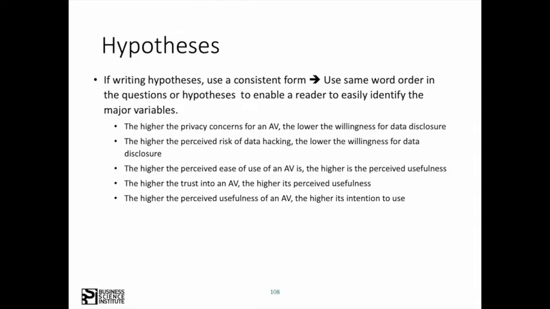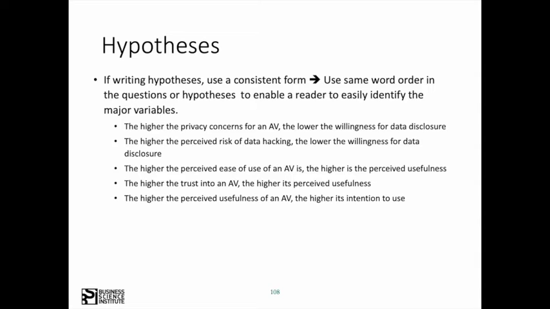Use a consistent form, use the same word order in the hypotheses to enable the reader to easily identify the major variables. If you have 5 to 10 hypotheses, the easier it becomes for the reader to follow your argument. For example, the higher the privacy concerns, the lower the trust.